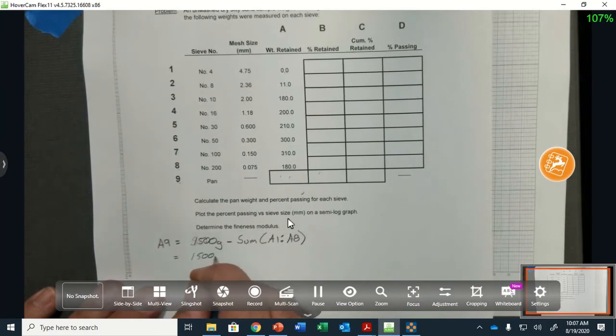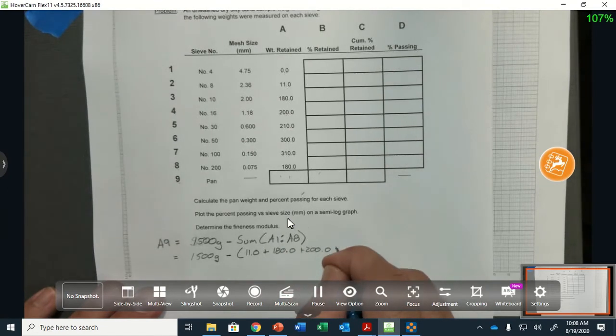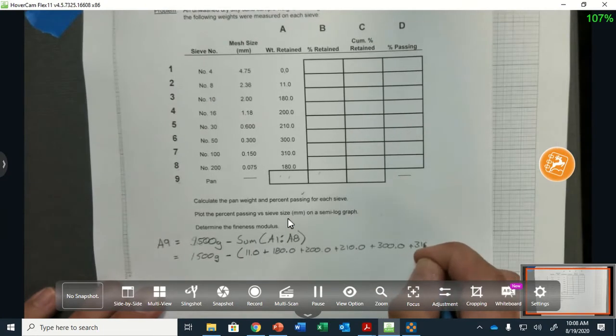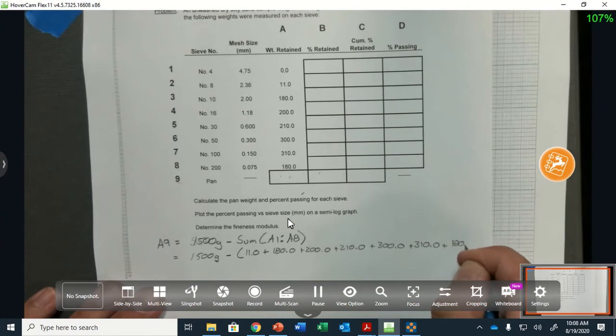1,500 grams minus, we got 11.0 plus 180.0 plus 200.0 plus 210.0 plus 300.0 plus 310.0 plus 180.0.